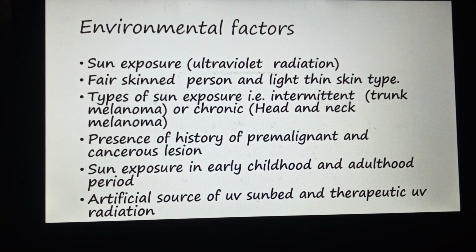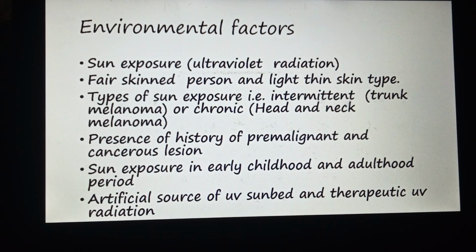The type of sun exposure is also involved here. For example, trunk melanoma usually develops after intermittent sun exposure, while melanoma in the region of the head and neck usually develops after chronic sun exposure. A history of pre-malignant and cancerous lesions will lead to melanoma formation.